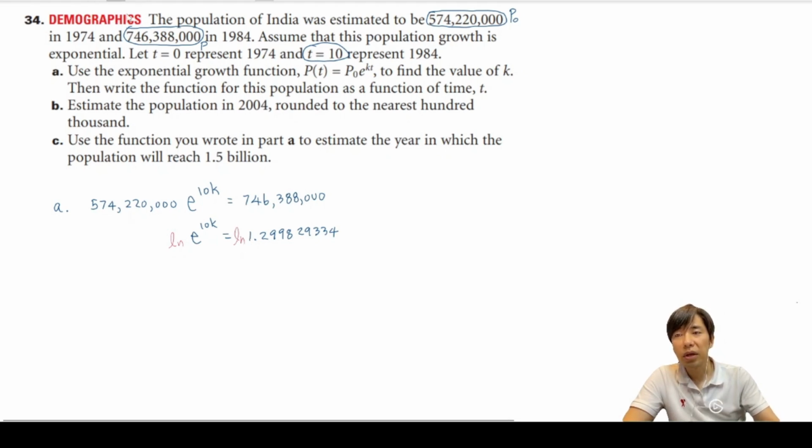So this becomes 10k. ln e is 1, so it disappears, is equal to ln 1.299829334. So cancel this one and divide this thing by 10.